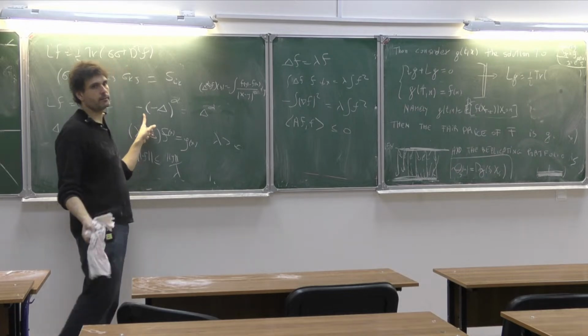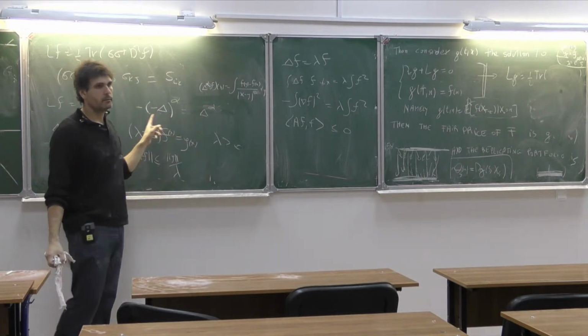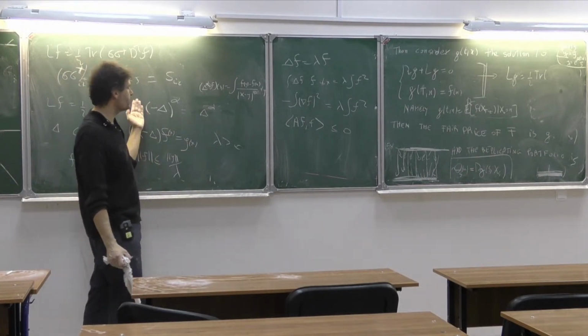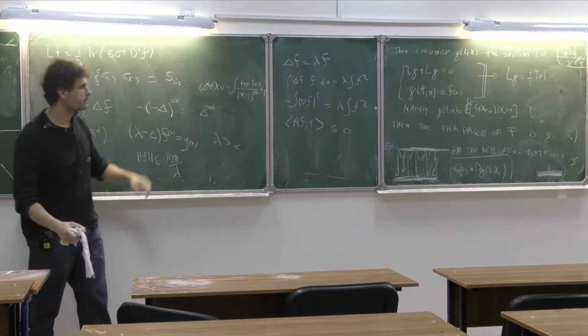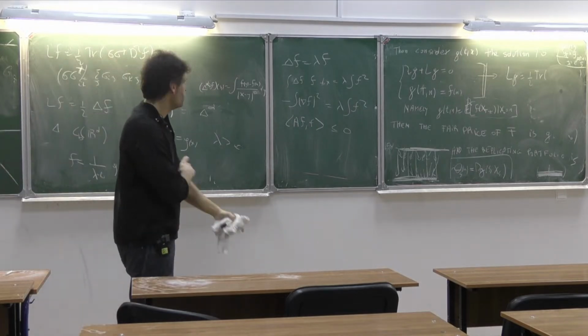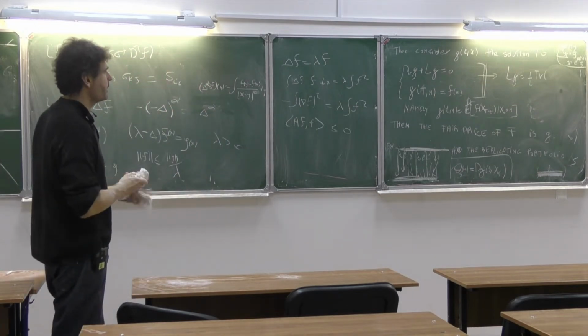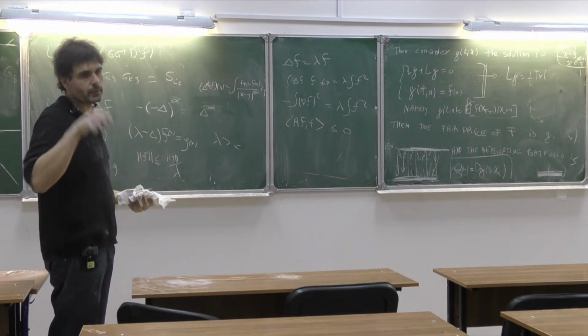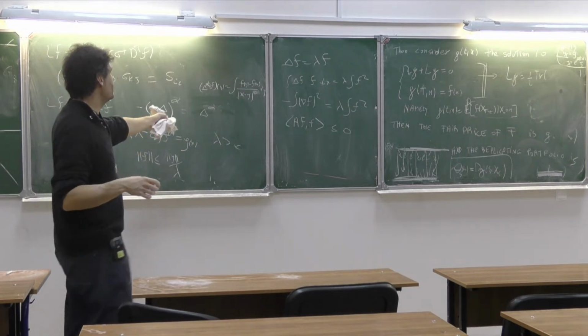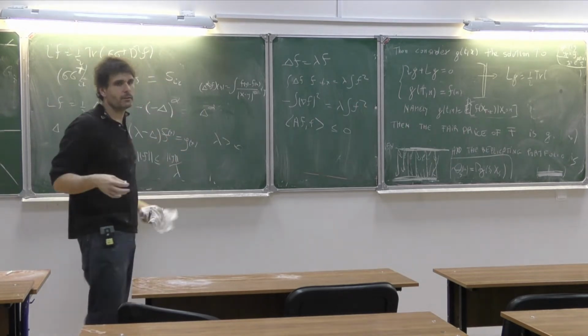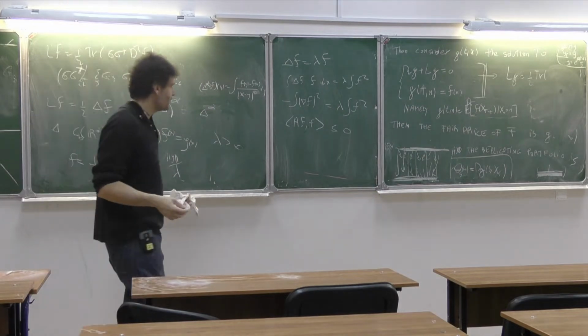Integrated by parts, it's just a minus. So minus the derivative is not positive. It's not true. But these correspond to making some jumps if you look at the process. Like the Laplacian corresponds to Gaussian things, this operator corresponds to jumps. But it's the same.